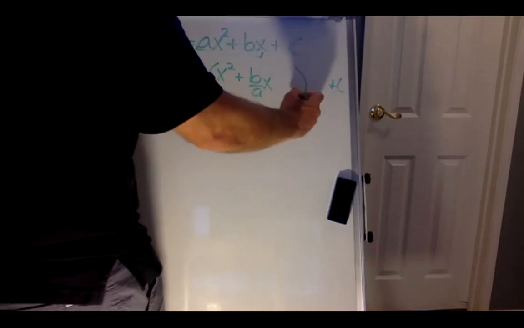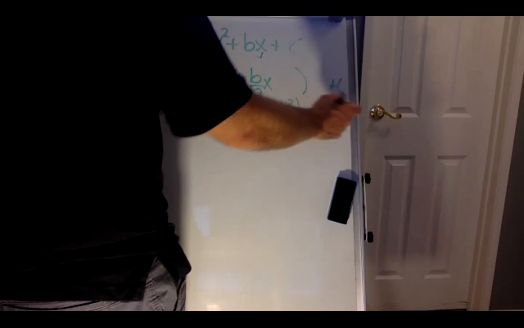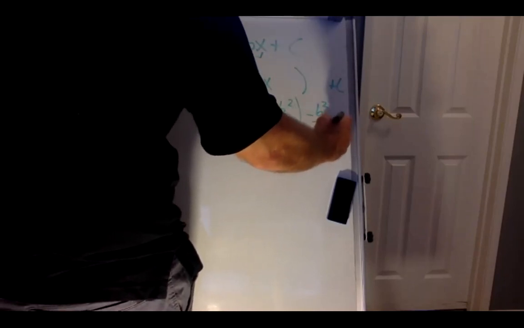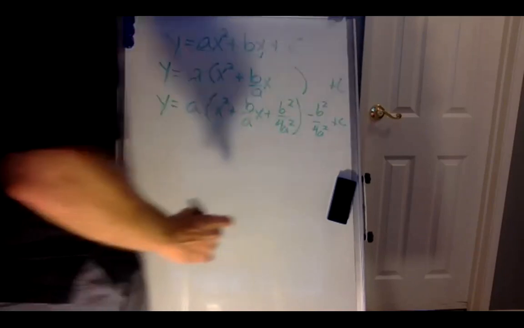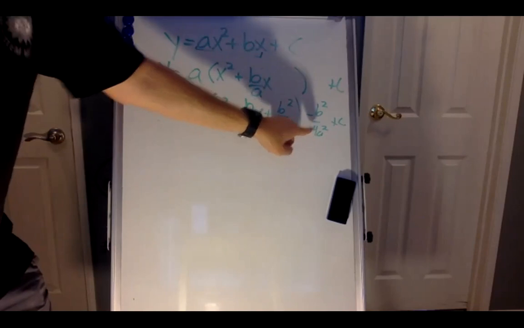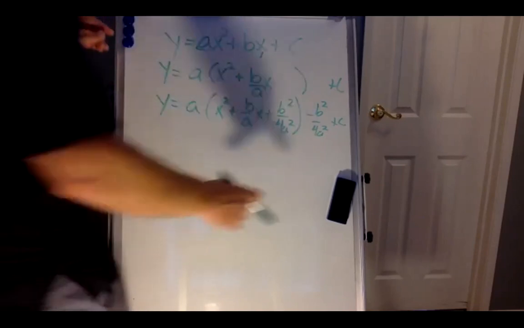But if I add it here, then I want to take it away over here. Now I'm adding the same thing that I'm taking away. Oh, that's not quite right. I didn't add that.